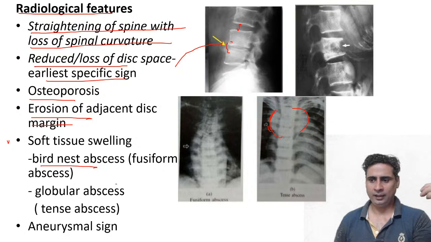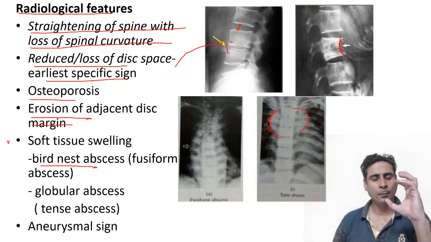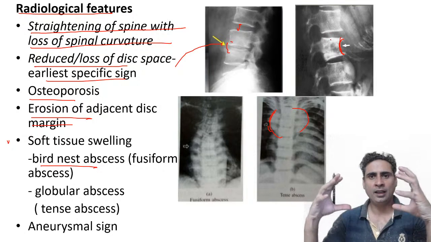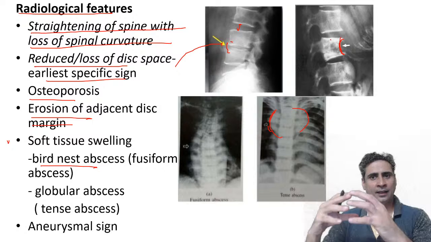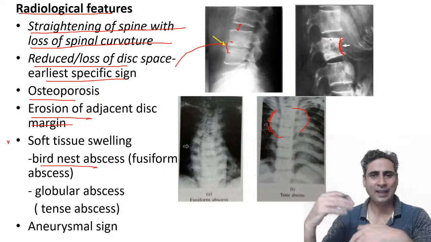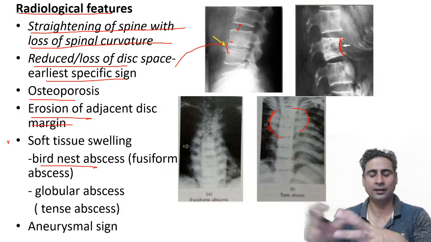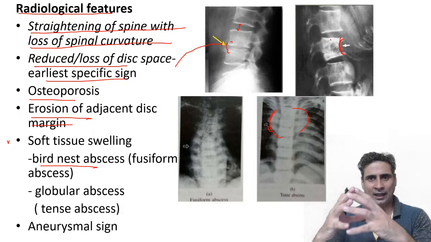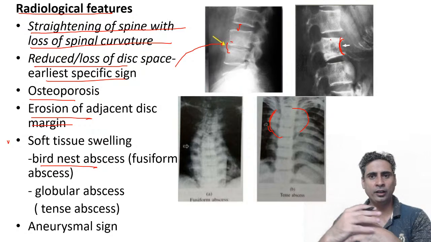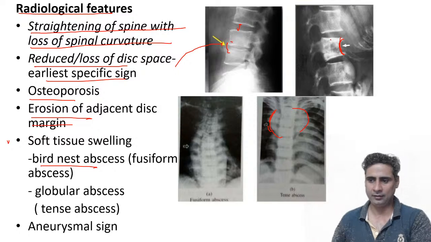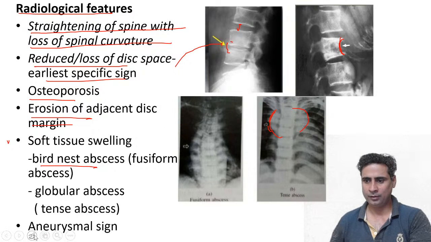One important sign is the aneurysmal sign, where there is erosion of vertebrae anteriorly by an enlarging abscess, and it looks like the bone is eroded by a pulsating aneurysm. That is why it is known as aneurysmal sign.